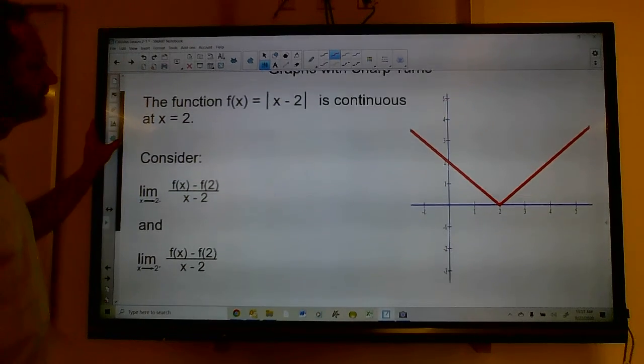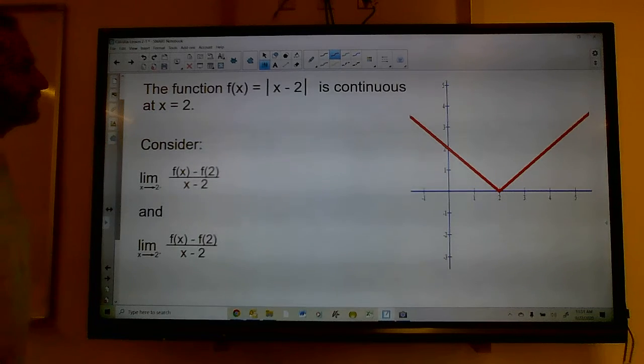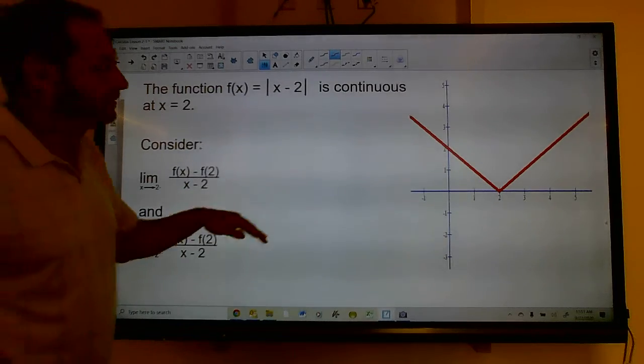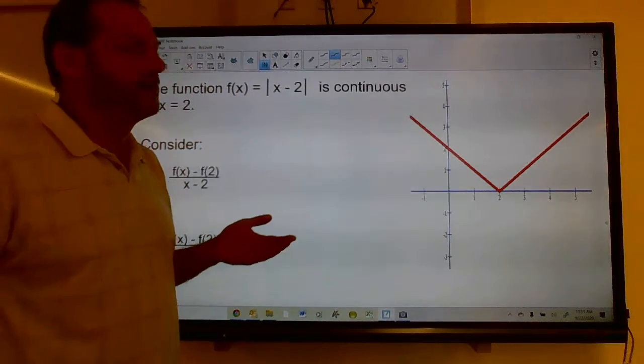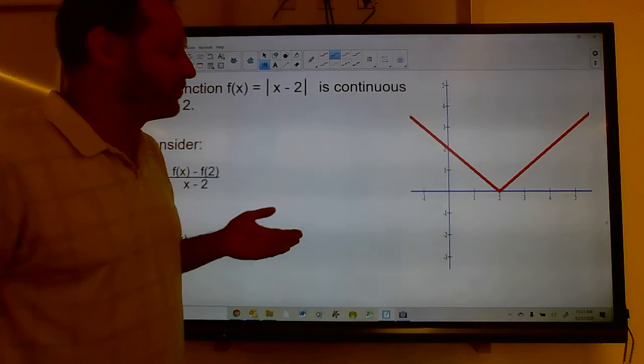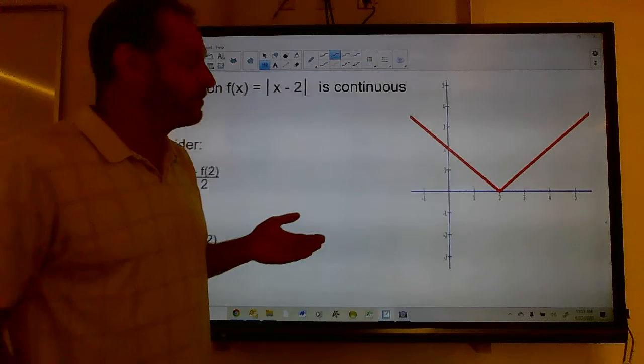So here we're going to look at an absolute value. Okay, it's continuous at the point 2. Okay, but that's where you get this sharp corner right here. Now, if you think about it, if it's differentiable, then you can figure out the slope there.